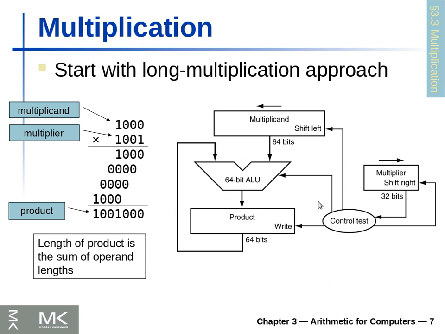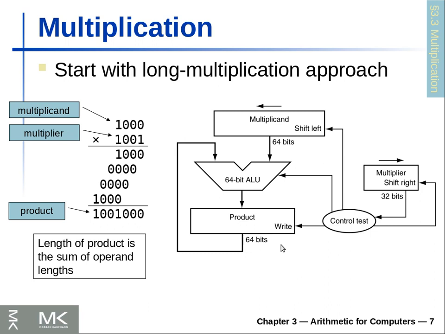Let's say that this is for a 32-bit multiplication. Notice that with 32 bits, the multiplicand register is still 64 bits. The shifter is 32, and the product is 64. You have to have a 64-bit ALU for our 32-bit multiplication in this example, and we'll get to that in a moment. But the real thing that should jump out is that the product definitely has to be 64 bits, because if you're multiplying a billion times a billion, that number is going to flow into the 64-bit range.